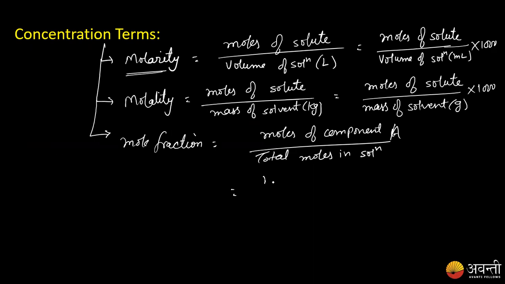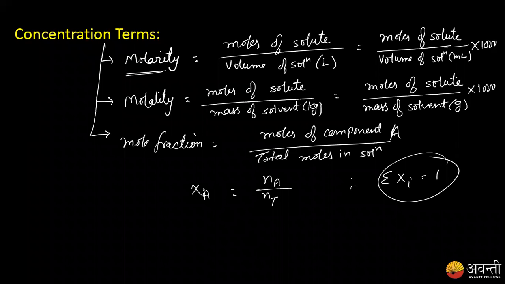It's also written as Na divided by summation of Ni, or I can also write it as N total. The summation of Xi is always 1. The sum of mole fractions of all the components will always be 1.